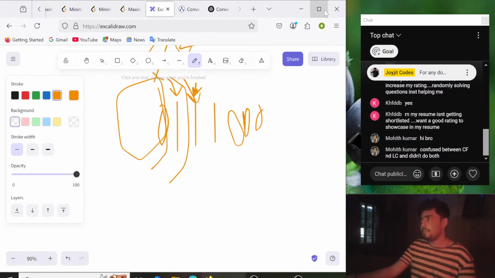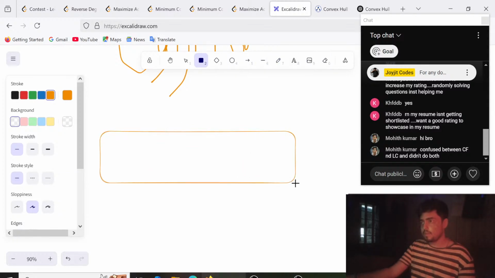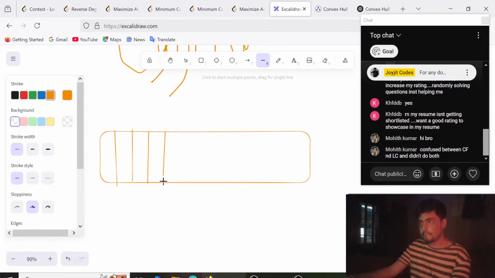What I am getting from here is, I'll just explain it for your better understanding. Let's say I'm having this array. I think Excalidraw should start giving this array structure by default.